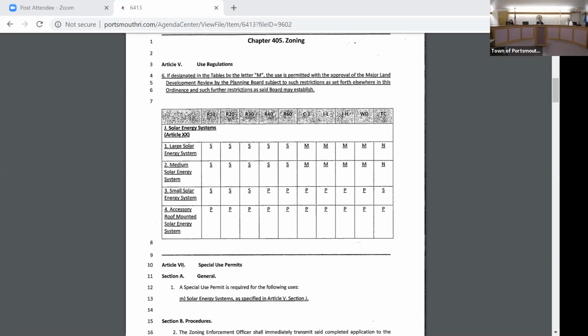Let's go to Mr. Crosby. Yes, thank you. I would like to say that we echo the planning board's advisory opinion, and Mike and I agree with Mr. Chappelle's proposal to amend the zoning ordinance.